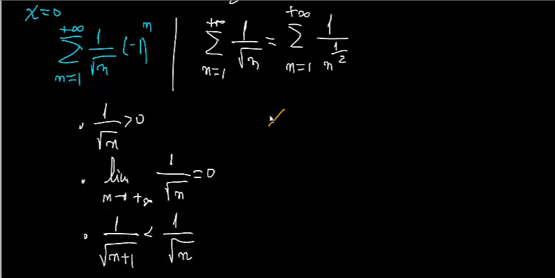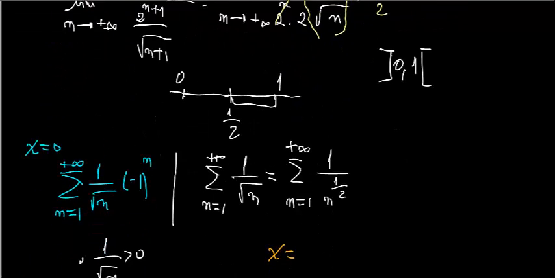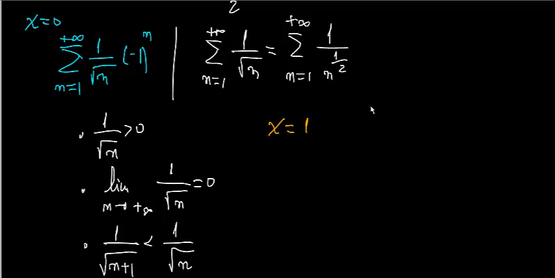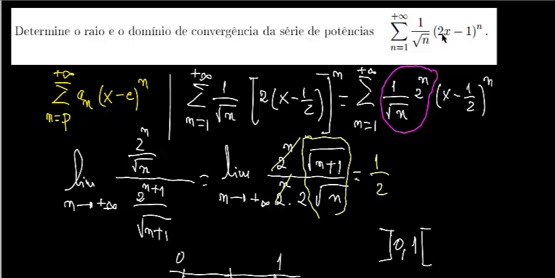And so it will be at x equals 1. The series will be where n begins at 1 to plus infinity, and I'm going to substitute x by 1, and if I do that, it will be 2 minus 1, which is 1, and 1 to the n is 1.